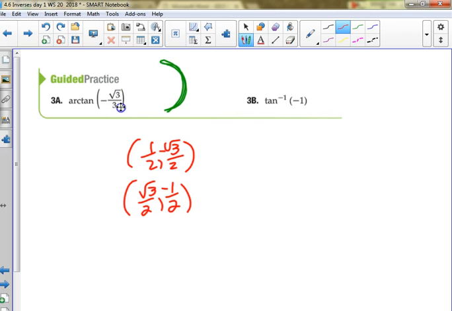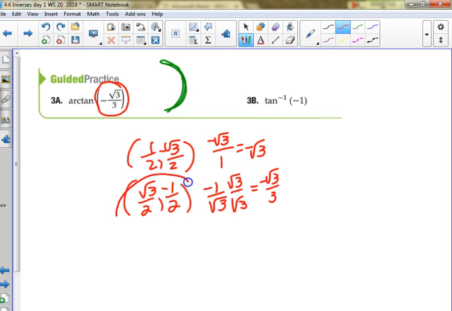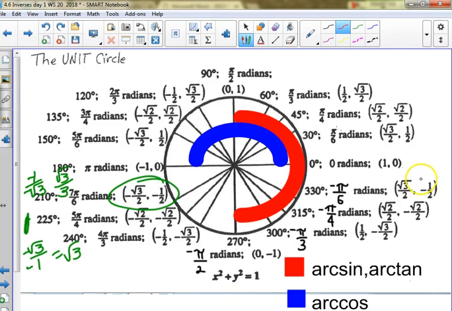Okay, so it's one of these ordered pairs that's going to give me this answer. If I put y over x here, I'd have that. If I put y over x here, I'd have that. Which one will simplify to this? Because this would just be negative square root of 3. But this one I'd have to rationalize. So it's at this spot, which was 11 pi over 6, but we renumbered it to negative pi over 6. Do you see it now on there?